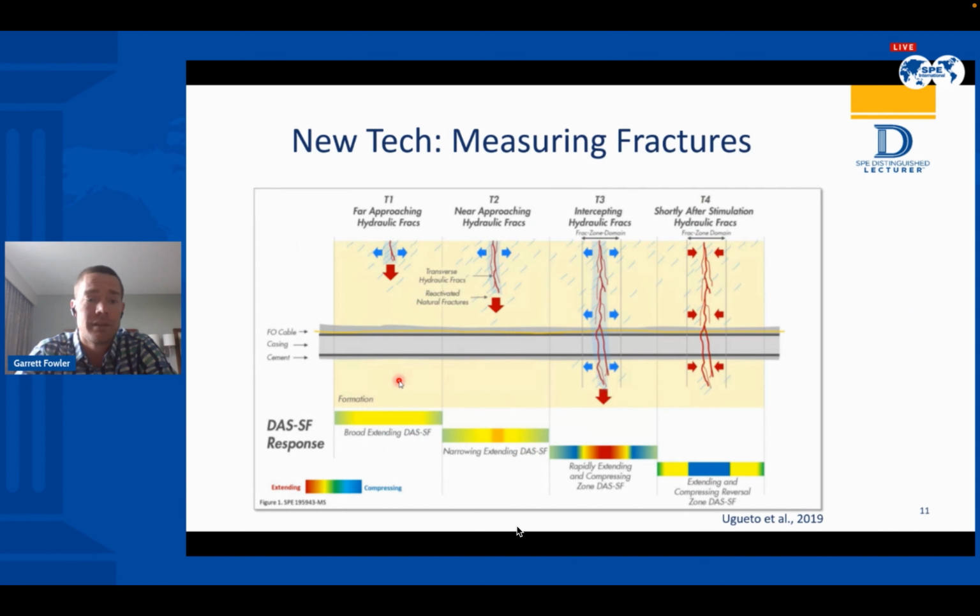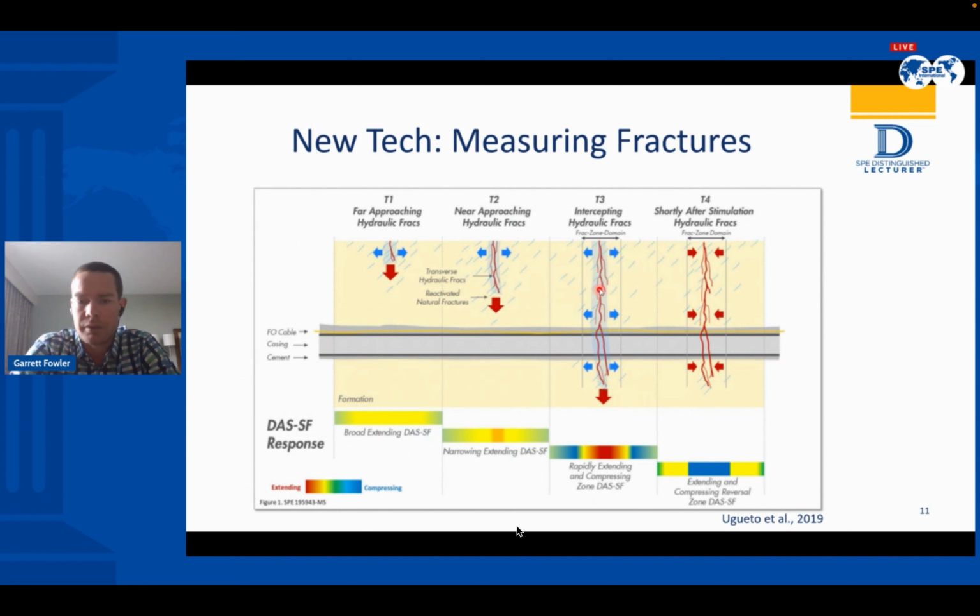However, in the last 5 years, we've developed new technology in the subsurface, namely the use of fiber optic cables to measure strain. And so this is a paper from Ugueto et al. at Shell that nicely shows what these fiber optic acquisitions are measuring. So if you have a hydraulic fracture propagating through the subsurface, this would then be a horizontal observation well.